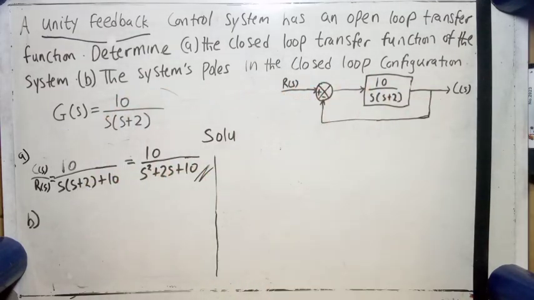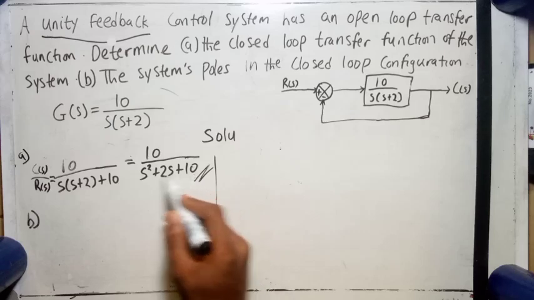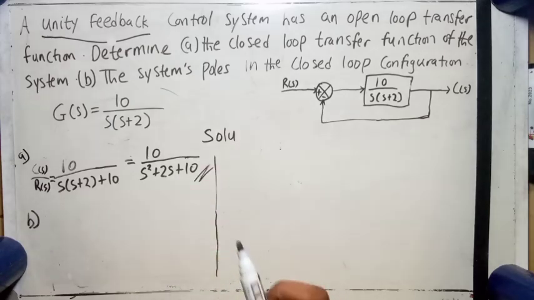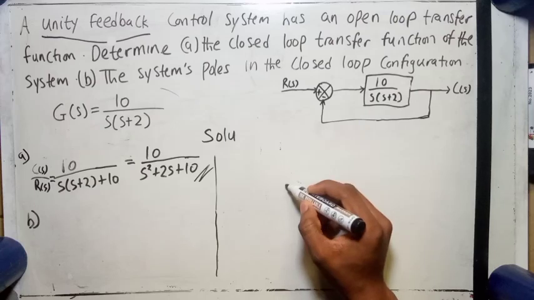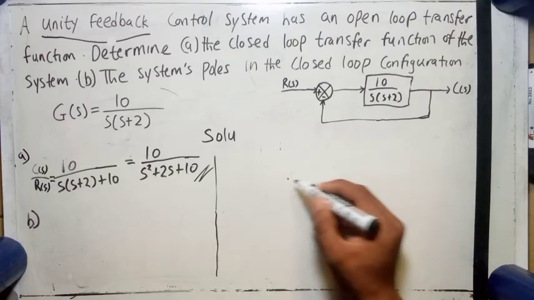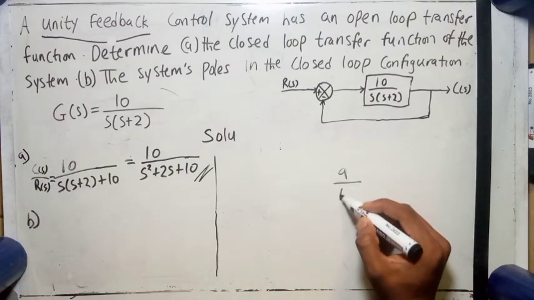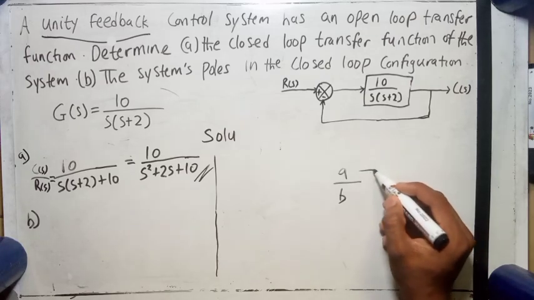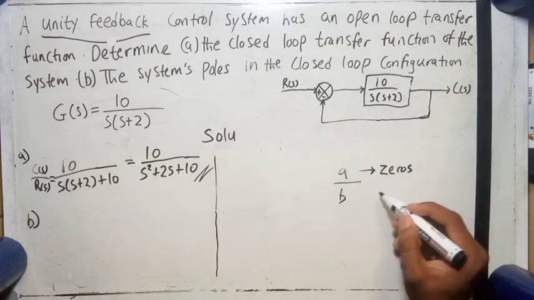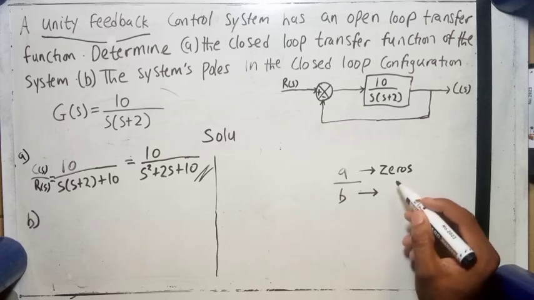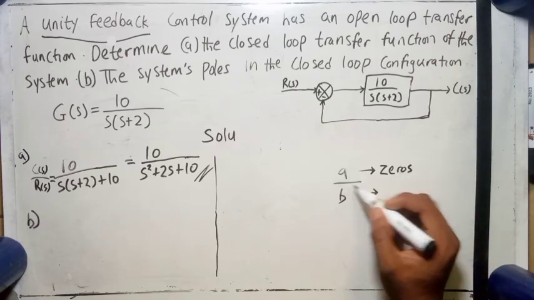Now, with that aside, they say we should find the poles of the closed loop configuration. Our closed loop answer was this. Now, what do they mean by the system pole? Whenever you are given a function A over B, the polynomial on top represents what we call zeros.